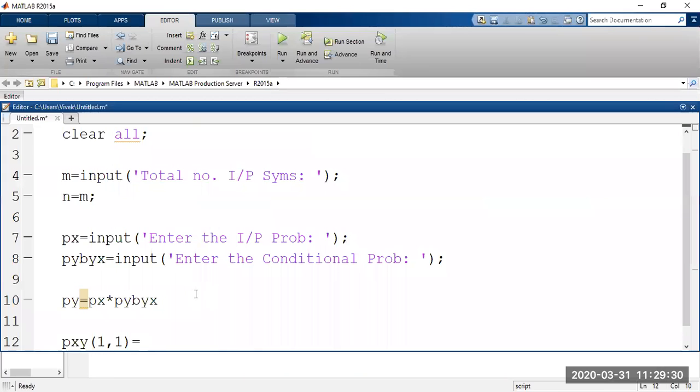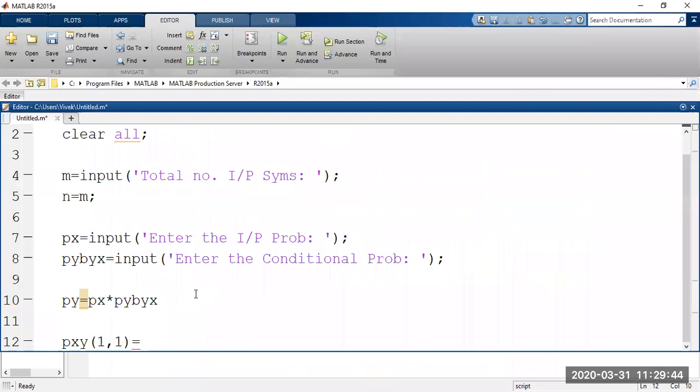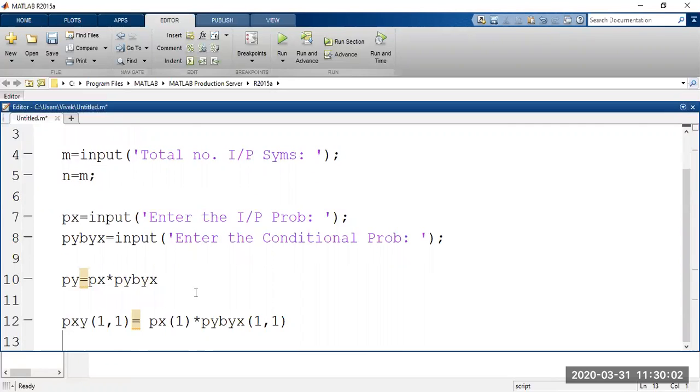I can't write P of x1 comma y1. So P of xy is nothing but the joint probability matrix, and the first row, first column element is calculated using P of x1 into P y by x, that too the first element of the conditional probability matrix.